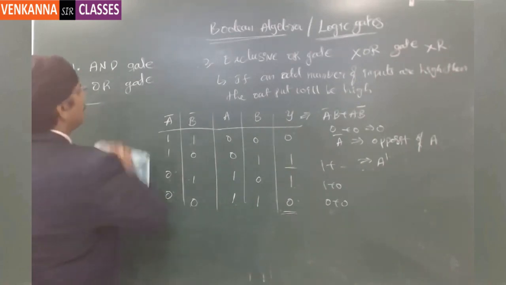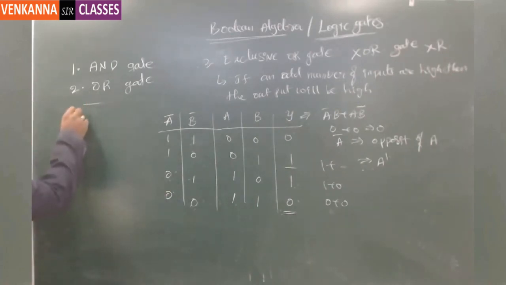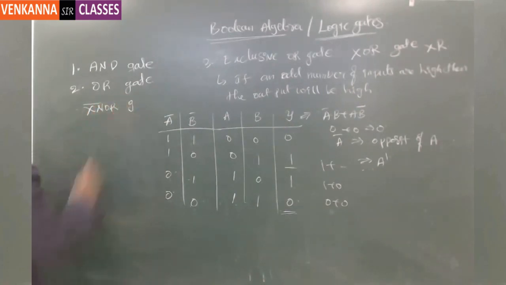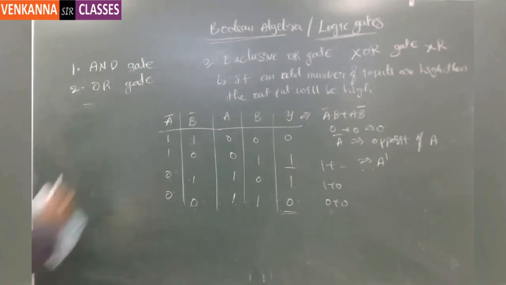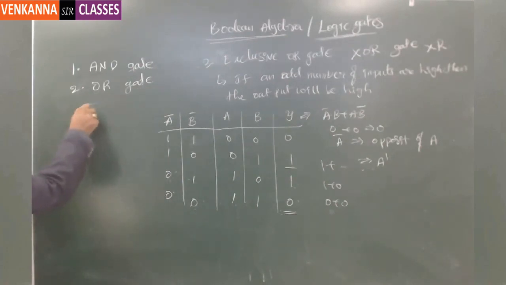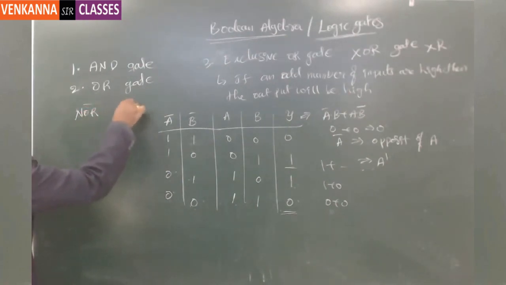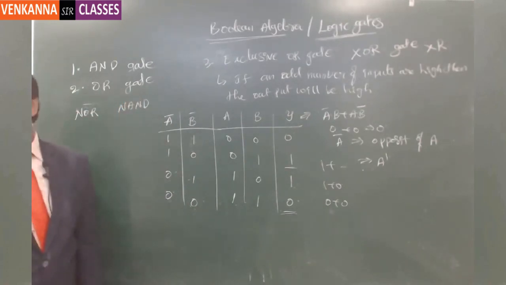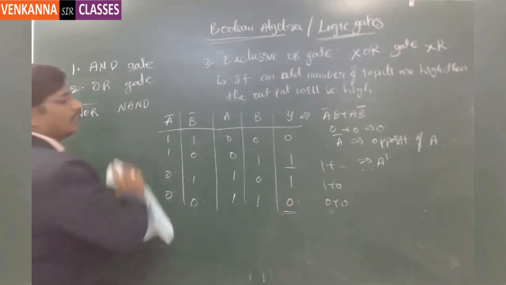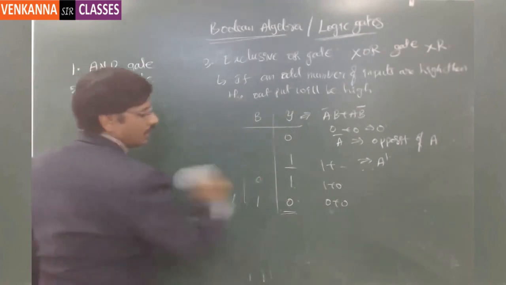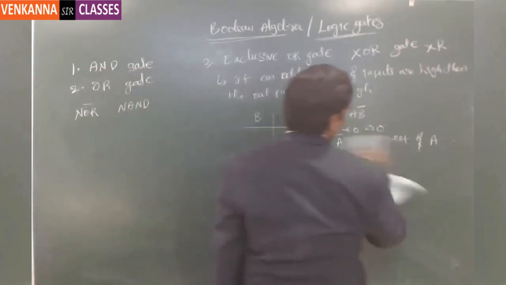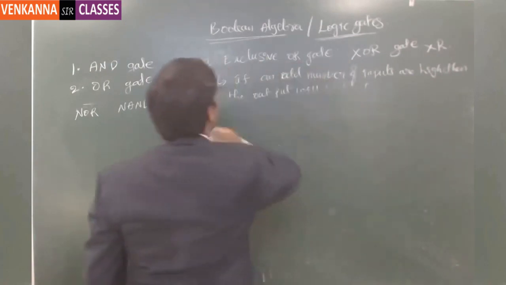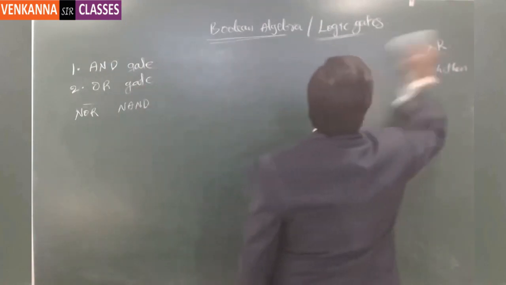So next one is the XNOR gate. But before that, I will discuss the NOR gate and NAND gate. NOR and NAND. So the NOR gate is not OR. That is the meaning of NOR gate. So not OR means the opposite of OR.